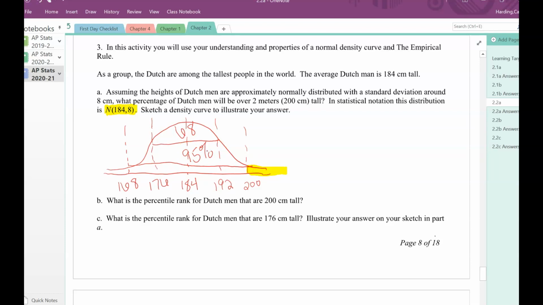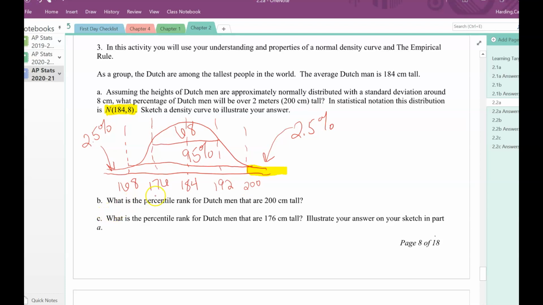If 95% of the data is there, the other 5% of data is in these ends. So that means that there is 2.5% here, and there is 2.5% here. So to answer this question, 2.5% of Dutch men will be greater than 200 centimeters tall.